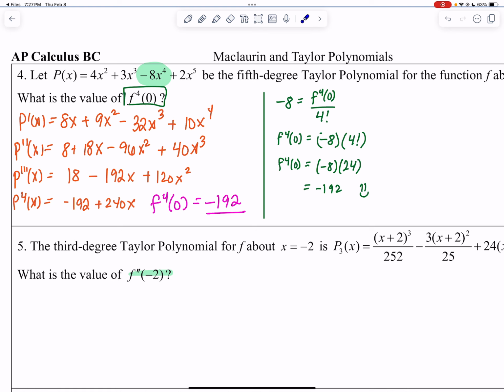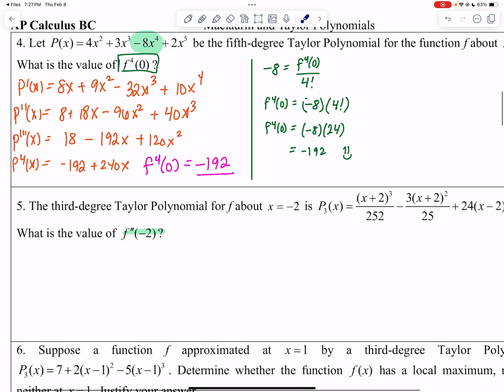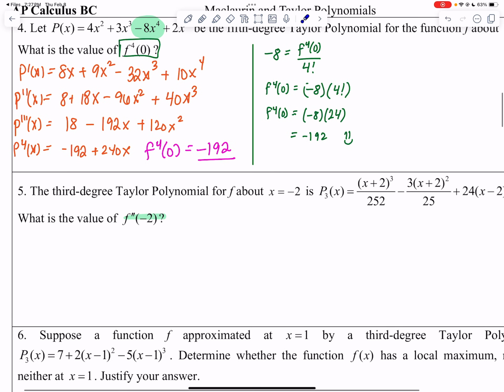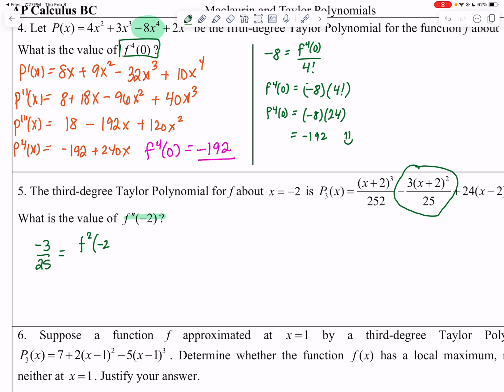Likewise, same thing with number 5. I want to find the second derivative at -2. And this tells me that I want to look at my exponent of 2 and see what my coefficient is. So in this case, if I have an exponent of 2, my coefficient is going to be -3 over 25. That's going to be equal to my second derivative over 2 factorial.